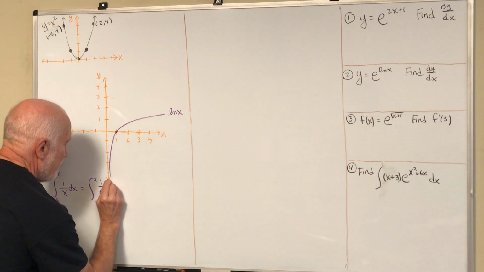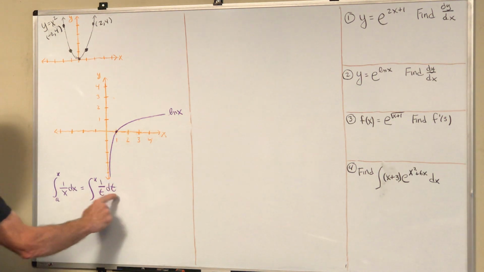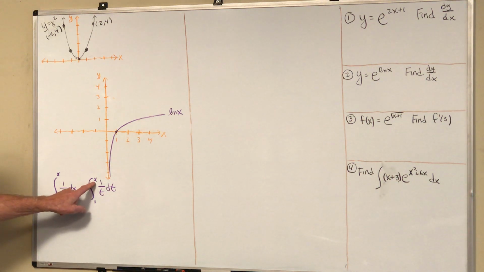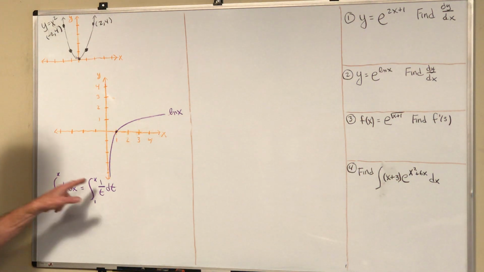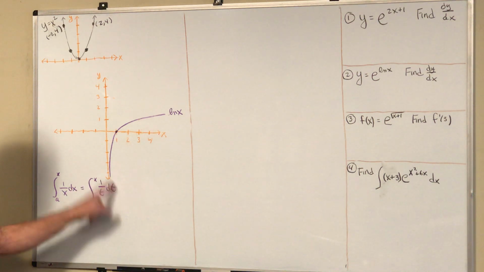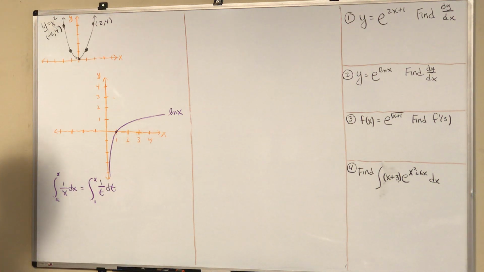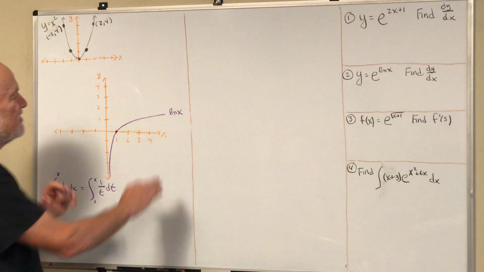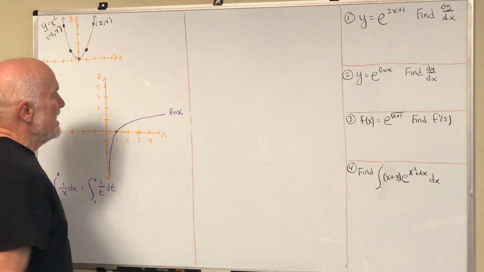And then often you use a different dummy variable so it doesn't get confused with x. And now when you plug in 1 for x, you do get 0 for your signed area. So anyway, that's how we got to the natural log of x.